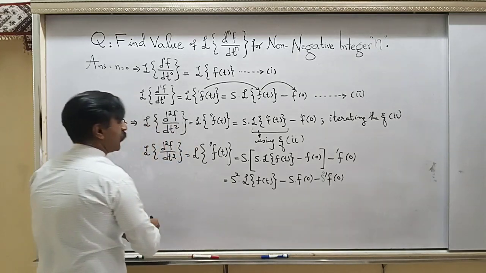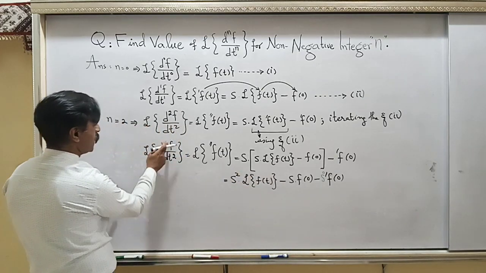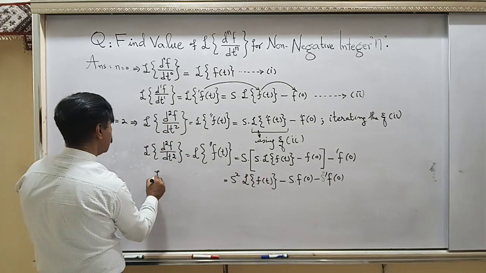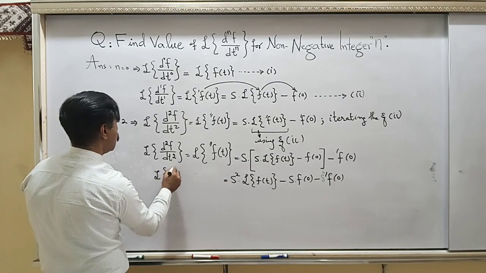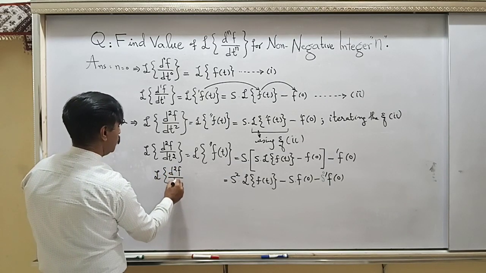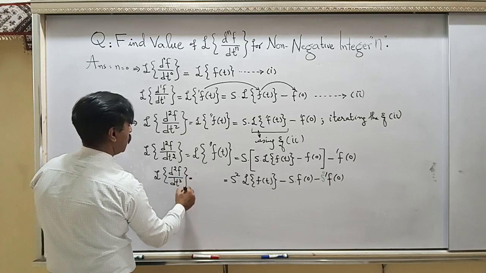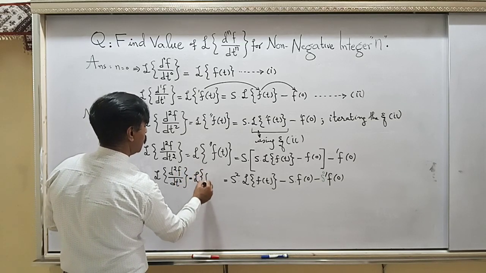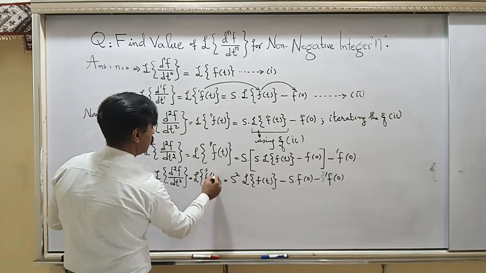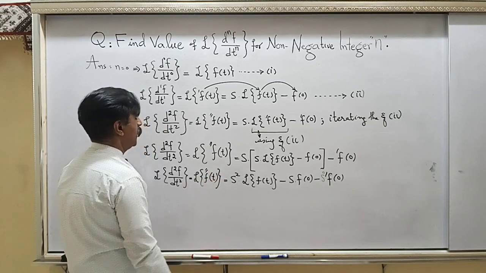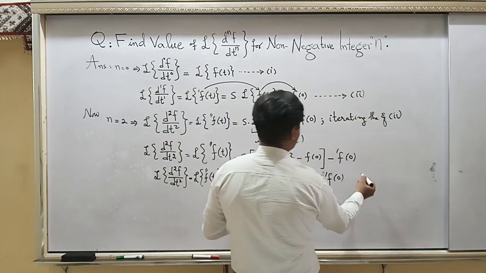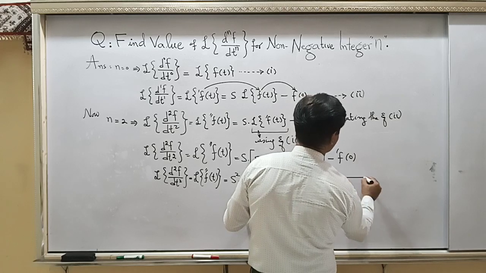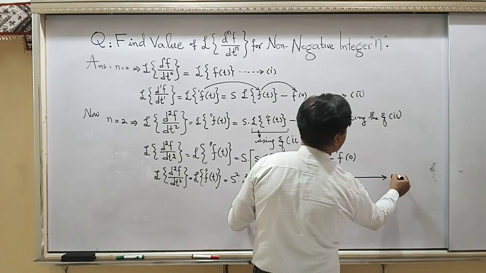Now, this will be helpful for generalization to the nth derivative. So this is d2f by dt square, the L of f double dash t, right? You may name this as equation number 3.